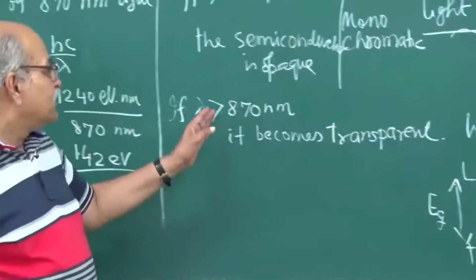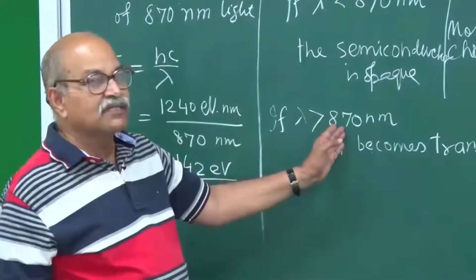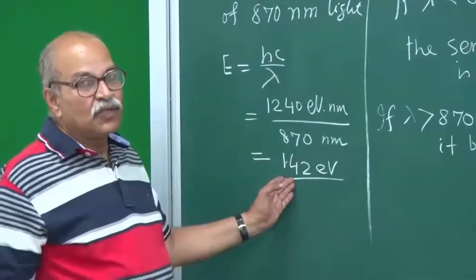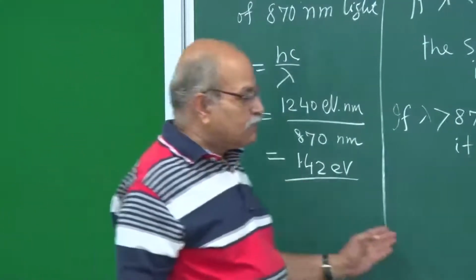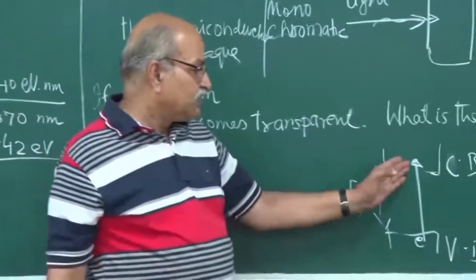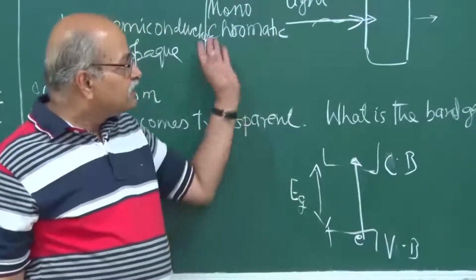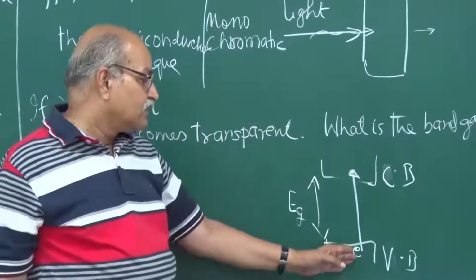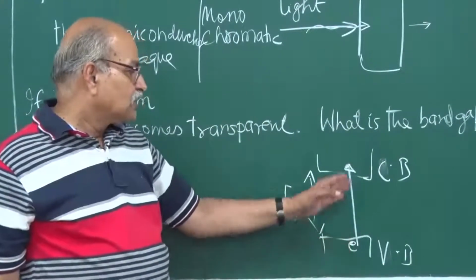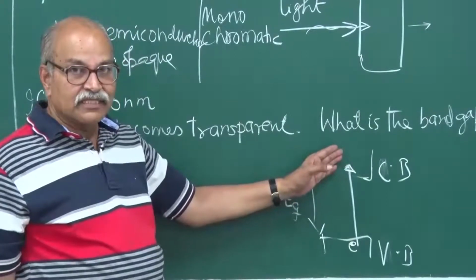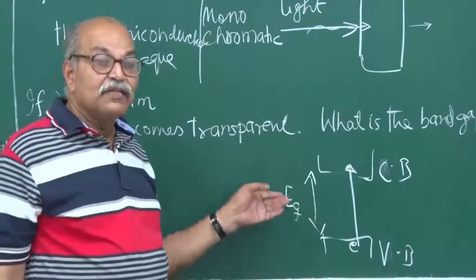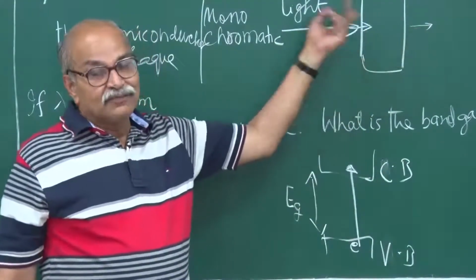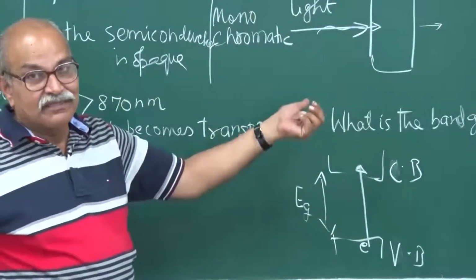But if lambda is more than 870 nanometers, the photon energy will be less than 1.42 eV. So if the band gap is 1.42 eV and the photon energy is less than that, that photon cannot take this electron onto the conduction band, and therefore this photon will not be absorbed and will be transmitted through, and this will be transparent.